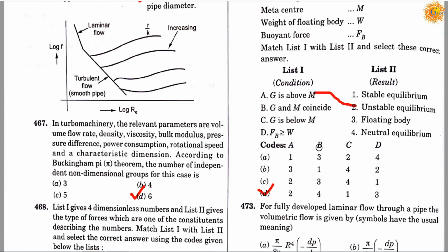For B, if G and M coincide, it means neutral equilibrium. According to C, if G is below M, in this case it will be stable equilibrium. And if F subscript B is greater than or equal to W, then it will be a floating body.